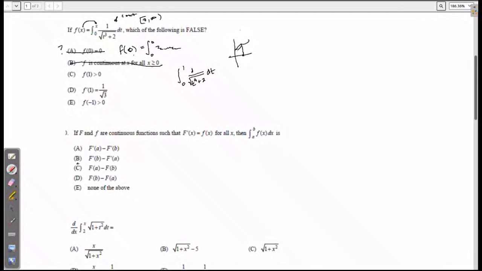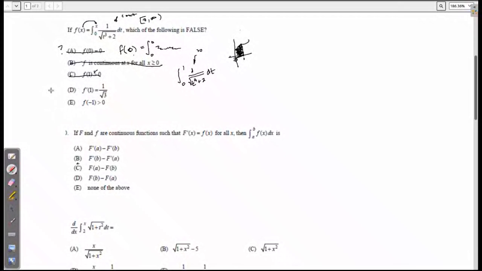I want to find the area under the curve from 0 to 1. And I know that this function is positive, so the height is positive and my base is positive, and the product of two positive numbers is indeed positive. So this is not the false answer we're looking for.